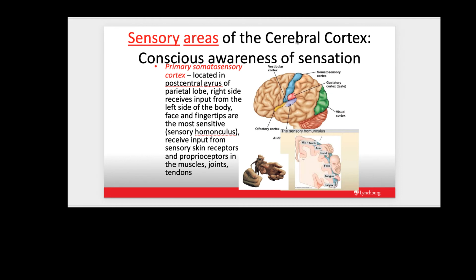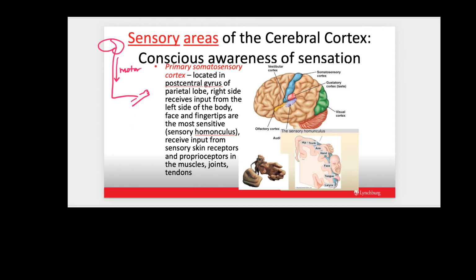Now, let's talk a little bit about sensory areas of the cerebral cortex. If we were to compare the two, motor function is basically going to be arising from our primary motor cortex or our premotor cortex. Those neurons are going to travel down the spinal cord and out, and they're going to innervate skeletal muscles. So motor is going to be traveling this way, from the brain down to skeletal muscles.